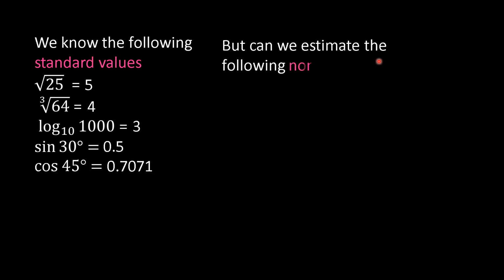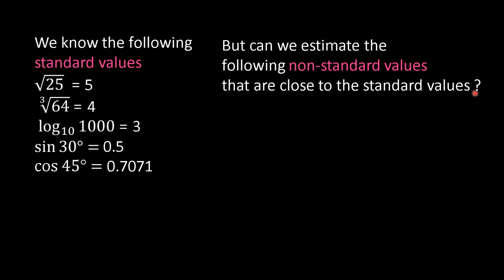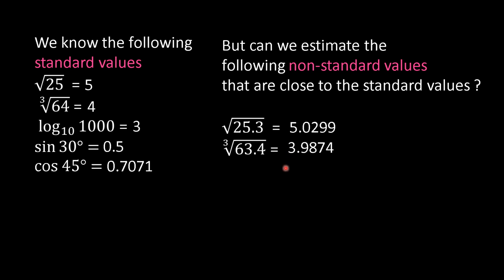But can we estimate the following non-standard values that are close to the standard values? Under root 25.3 is close to 5, which will be 5.0299. Cube root of 63.4 will be close to 4, but it will be 3.9874.